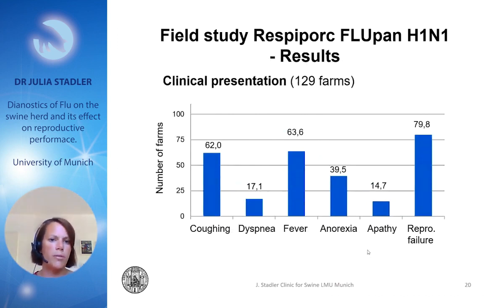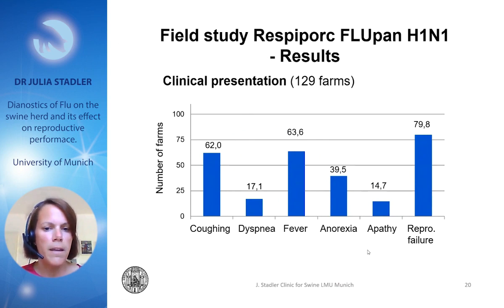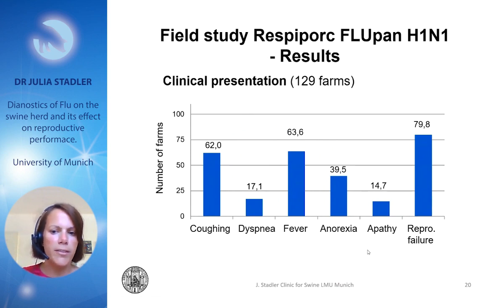So let's proceed to the results. You can see the clinical presentation. In 2/3 of the farms, coughing and fever was reported. And interestingly, in almost 80% of the farms, reproductive failure was reported in association with the detection of pandemic influenza.